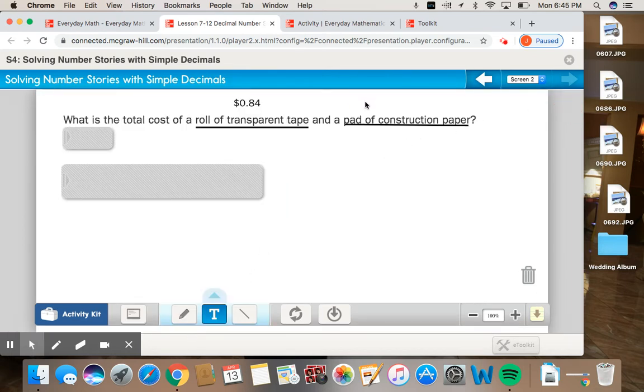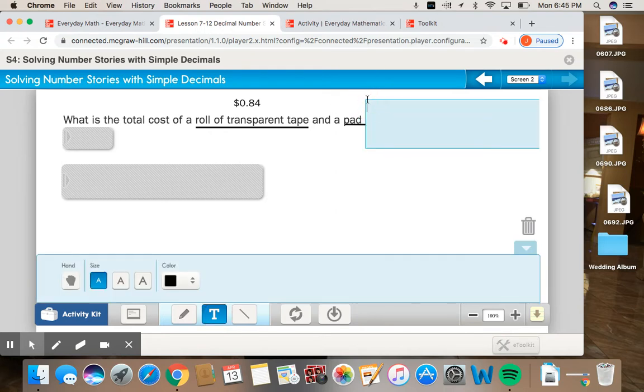So I'm going to go ahead and put my 67 cents in here. Put in my dollar sign, 67 cents. So what is the total cost? So what would I do to find the total cost? Did you say that we would add them together?